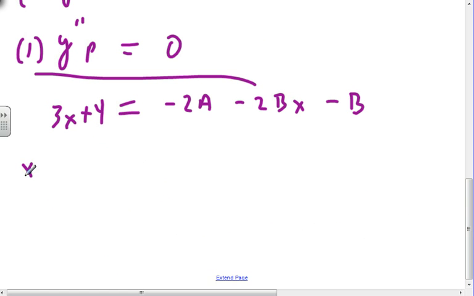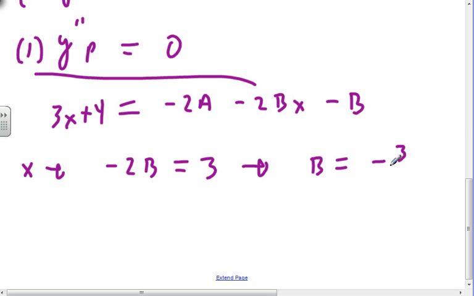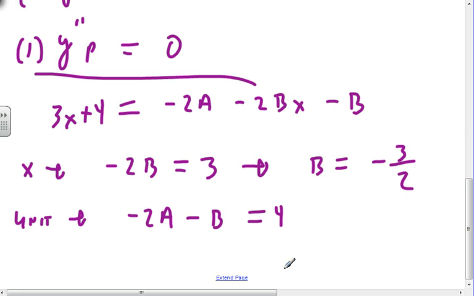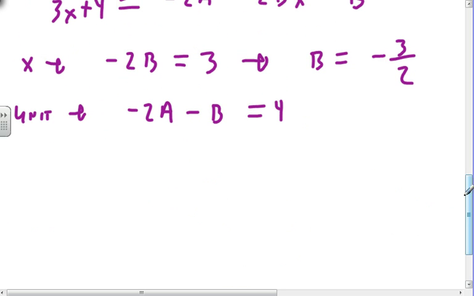So I look at the x term, and I see that minus 2b has to be 3, implying that b has to be minus 3 over 2. I look at the unit term, and I see that minus 2a minus b has to be 4. And I already know what b is, so I can put that in.